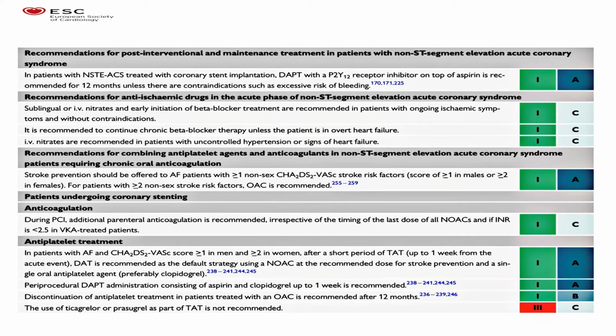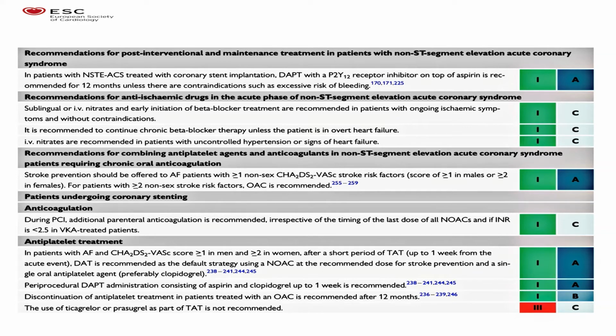In patients with AF, and CHA2DS2-VASc score greater than or equal to 1 in men and greater than or equal to 2 in women, after a short period of triple antithrombotic therapy, up to 1 week from the acute event, dual antithrombotic therapy is recommended as the default strategy, using a non-vitamin K antagonist oral anticoagulant at the recommended dose for stroke prevention, and a single oral antiplatelet agent, preferably clopidogrel. Class 1 Level A.